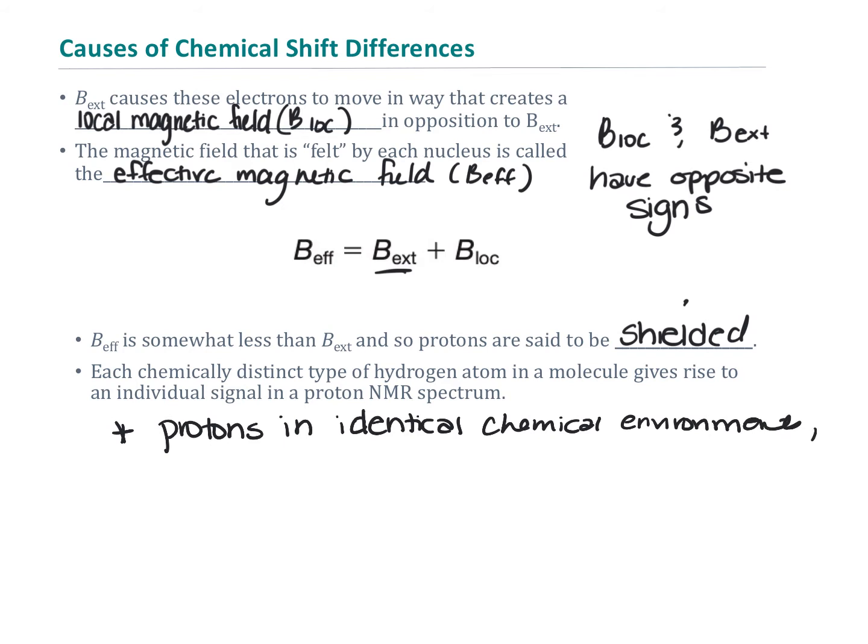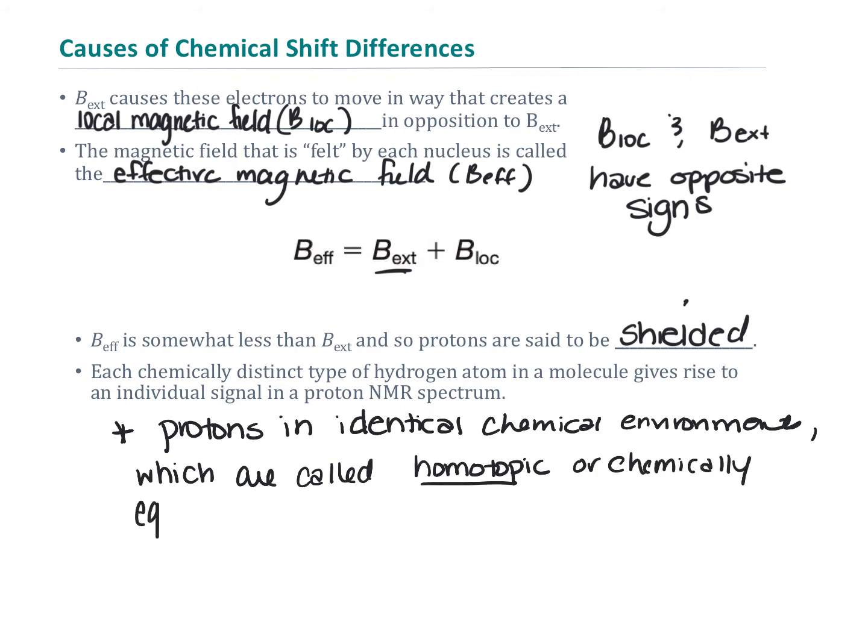And if you're in identical chemical environments, they're called homotopic, or chemically equivalent. They have the same effective magnetic field, okay?